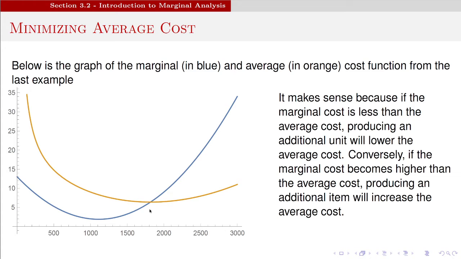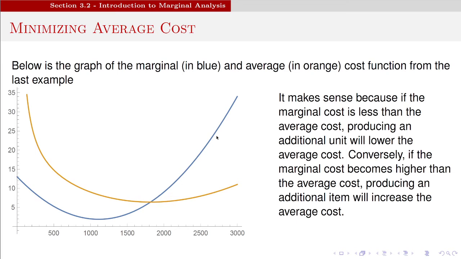Okay? So here, blue is the marginal cost. This is the derivative of the cost function. And here, orange is the average cost function. All right? And if we look at where they're crossing here, right here is where marginal costs take over average cost, where it becomes higher.